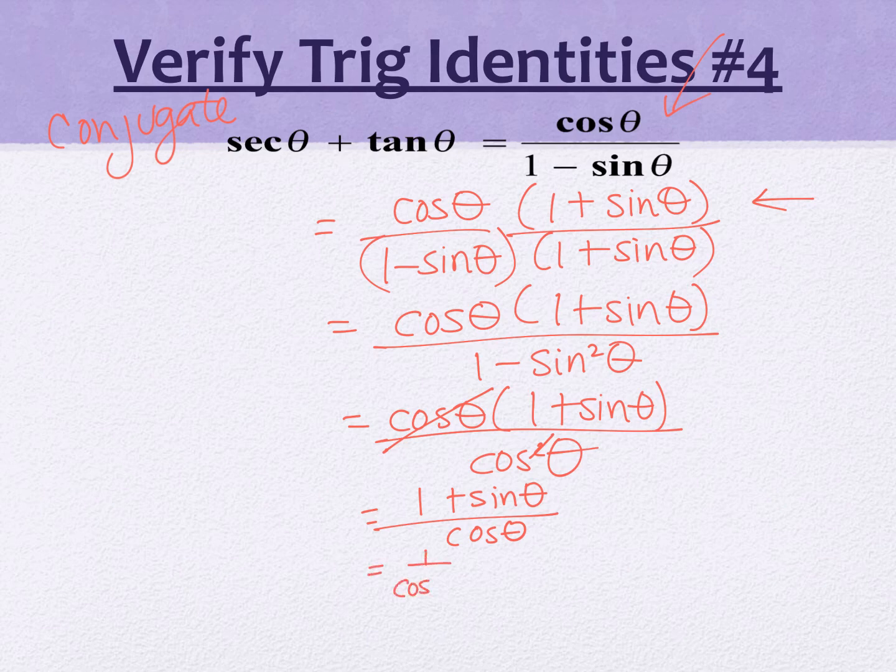So 1 over cosine plus sine over cosine, and that's going to equal the reciprocal, so it's secant theta plus the quotient tangent theta, and that equals the same as the left side. And we did it.